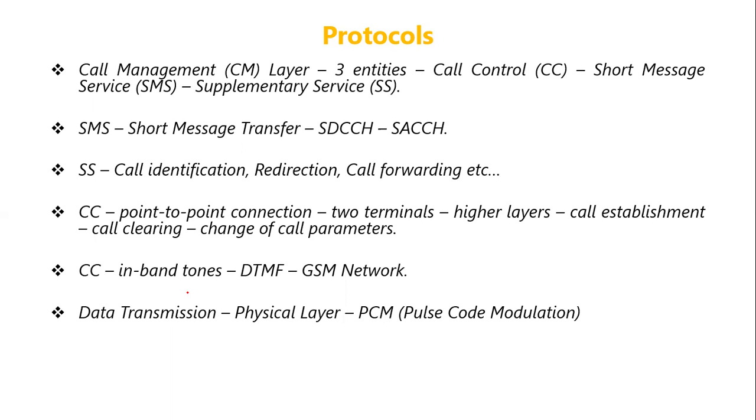So PCM can offer a data rate of 64 kilobits per channel. So GSM multiplexes four 16 kilobits per second channels into a single 64 kilobits per second channel, right?